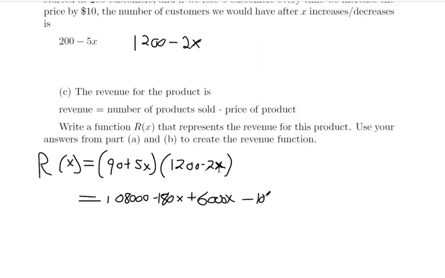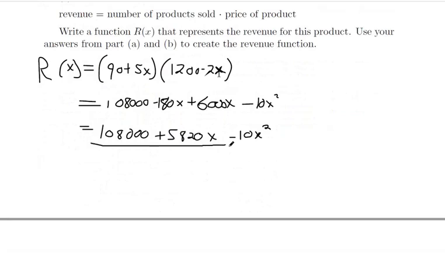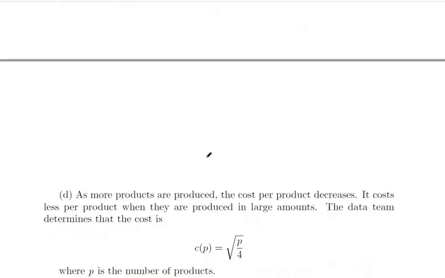And then subtract 10x squared. So we got 108,000, and then plus 5,820x, sorry, minus 10x squared. So there's an alternate version of the same revenue function. These are equivalent, they're just rewritten. So that's it for part C. This will be easier for the next parts that are coming up.